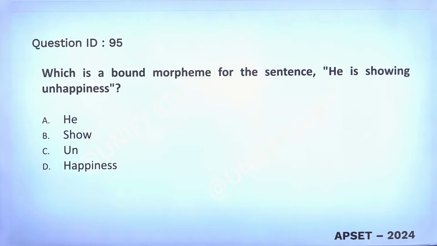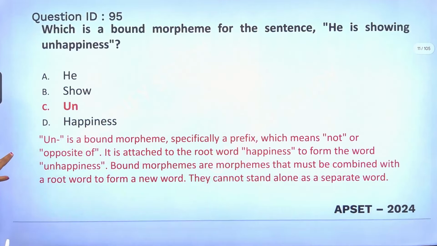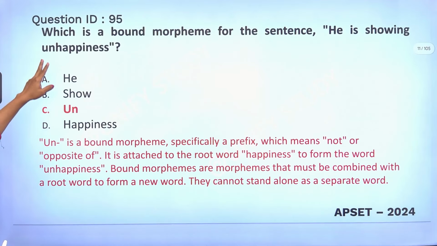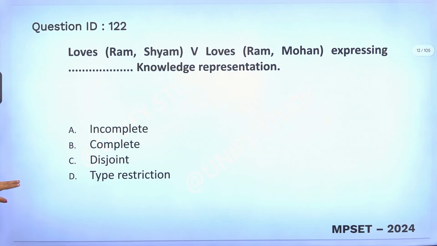We learned it in NLP, bound morpheme, right? Whenever you are adding something to the main word, that is called a bound morpheme. So, with happy, to make happiness, you are adding "ness". This is your bound morpheme. So, "ness" is your bound morpheme here. Now, this one.